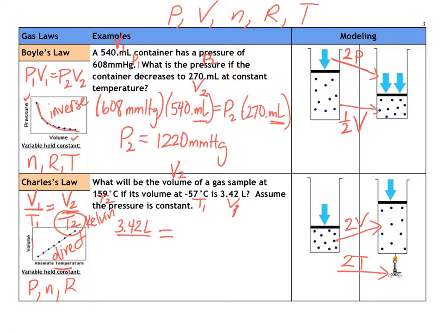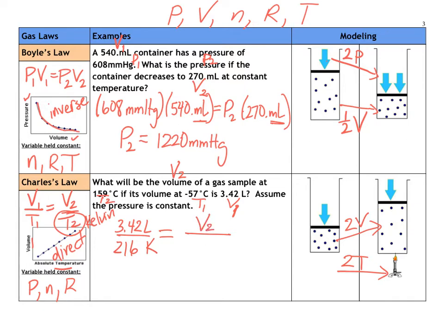And that's why we resort to absolute temperature, which is Kelvin temperature. So turning this temperature, negative 57 degrees Celsius, into Kelvin is just a matter of adding 273 to it. Adding 273 to negative 57 gives you 216 Kelvin.